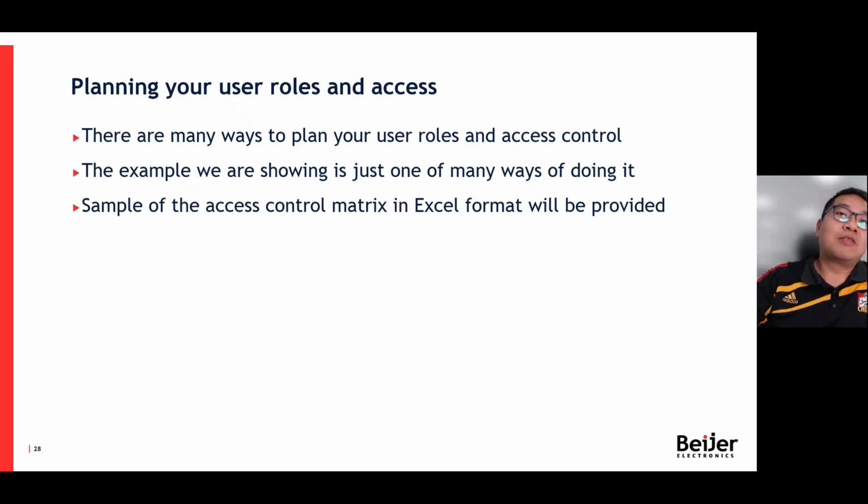Essentially, you just have to make sure you know what you're doing, of course. I do have a slide showing an example of an access control matrix. That is also in an Excel format that will be provided later on as well. I hope that will be useful if you are designing your user roles and access.